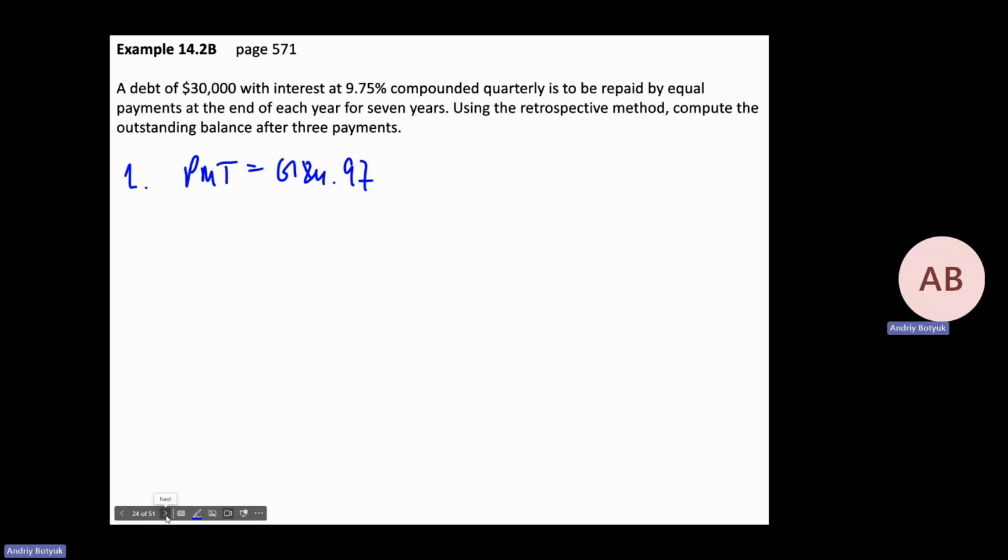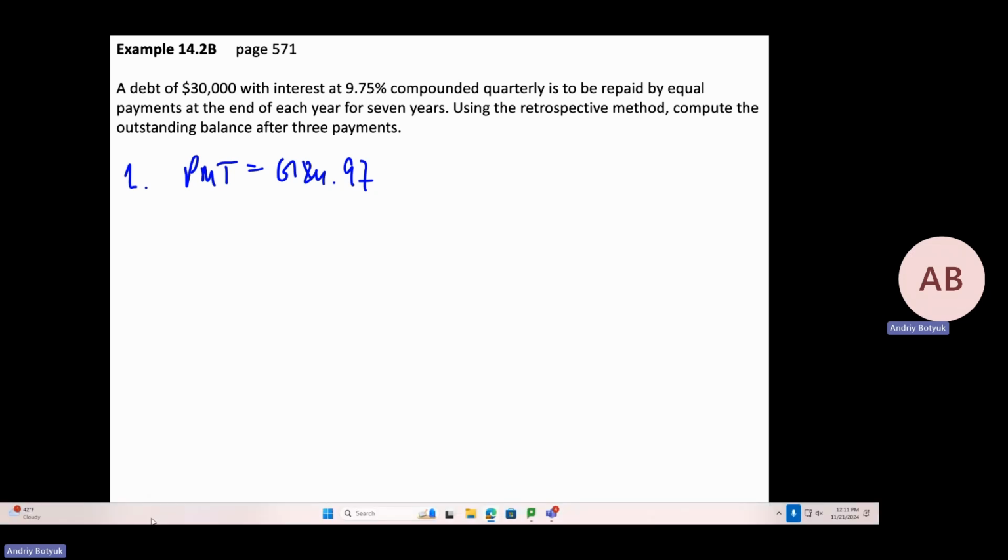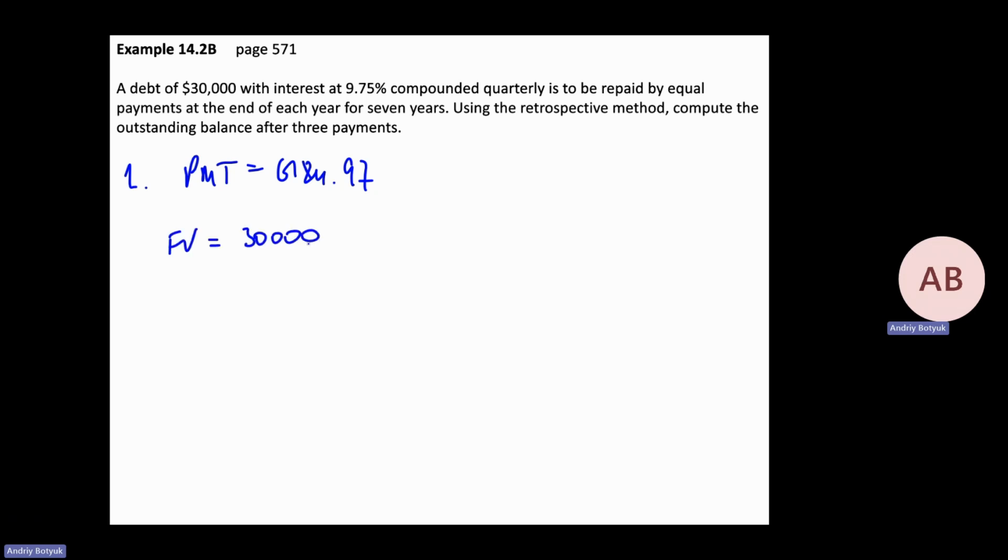And we will use the calculator and the amortization table to check our answer, okay? So what is the retrospective method? We need to find two future values. The first future value is a term deposit formula, and we need to have one. So here I have two options.